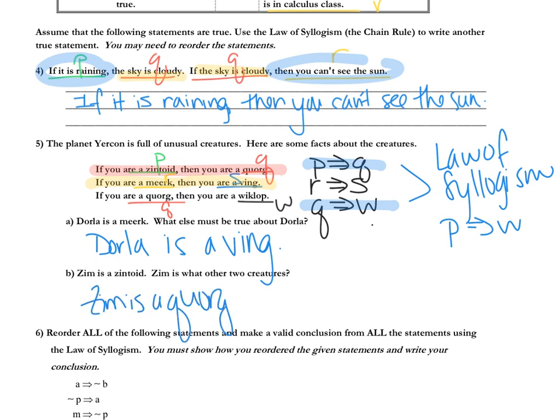And because of the law of syllogism, Zim is also a Wicklop. Okay.